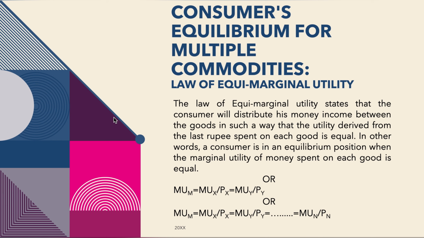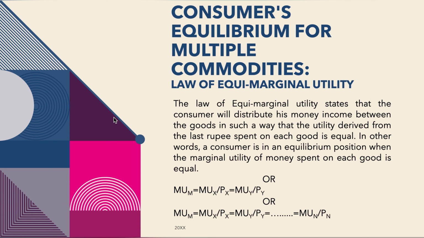The law of equi-marginal utility states that the consumer will distribute his money income between the goods in such a way that the utility derived from the last rupee spent on each good is equal. In other words, a consumer is in an equilibrium position when the marginal utility of money spent on each good is equal. So let's suppose that a consumer is buying two or three commodities.